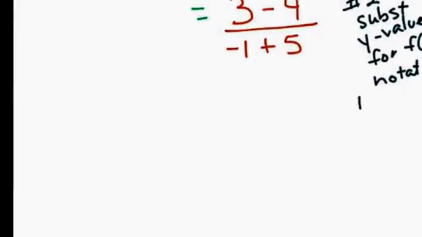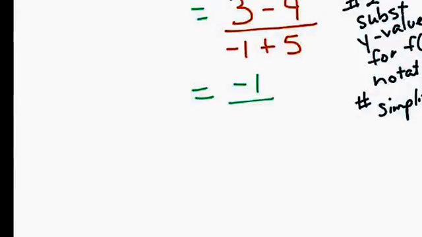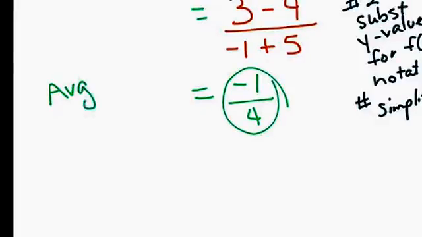Now step 3 is just to simplify. So now I've got 3 minus 4 is a negative 1. Negative 1 plus 5 is a positive 4. I cannot simplify this anymore. So my average rate of change between these 2 points is negative 1/4.